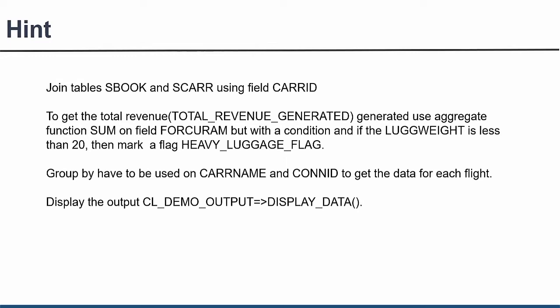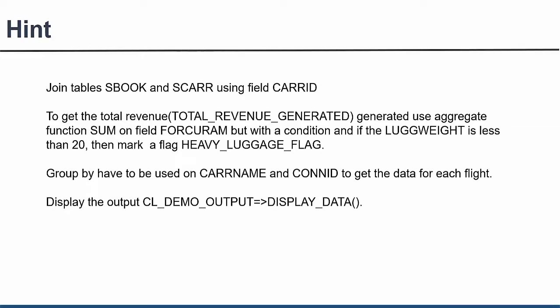Before going into the actual source code, check the necessary steps here. In the source code, you have to join tables SBook and SCARR using field carrier ID. Two new fields have to be added. One is total revenue generated and the other is a flag for heavy luggage.